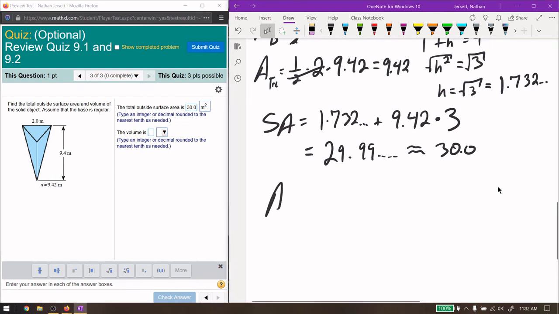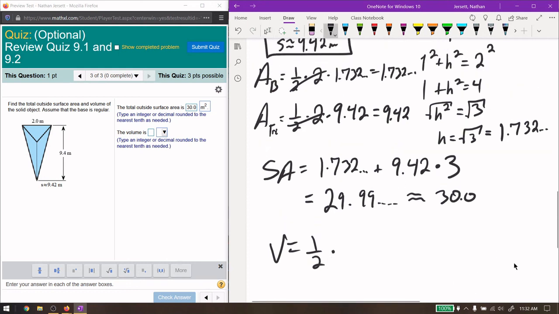The volume is 1/3 the base area, which we already found is 1.732, continuing on, times the height of the overall pyramid, which is the same thing as the altitude, which is 9.4.